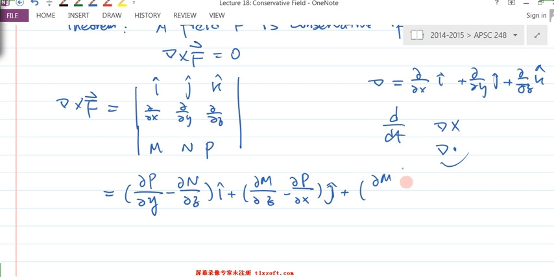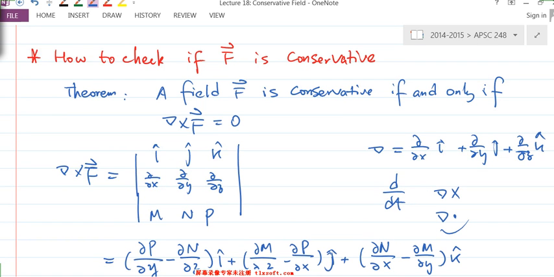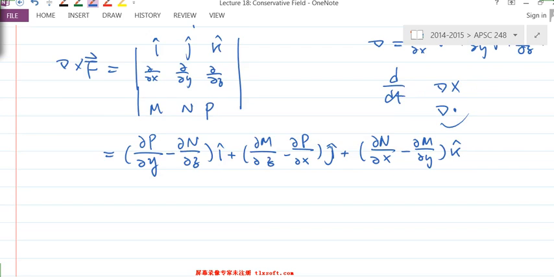As you probably noticed, I posted the formula sheet for the final exam, and this is on that formula sheet. So that's the result of this cross product. Now the theorem says a vector field is conservative if and only if this cross product is 0. What does it mean that this cross product is 0?